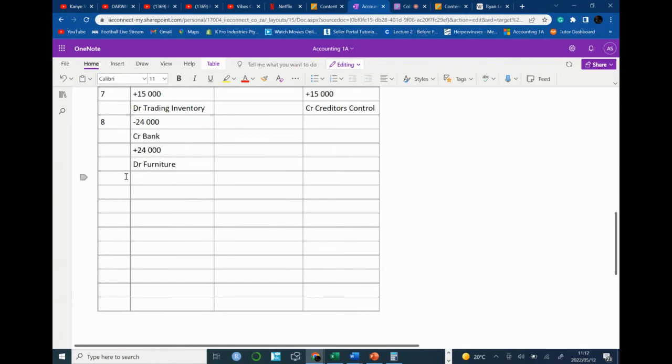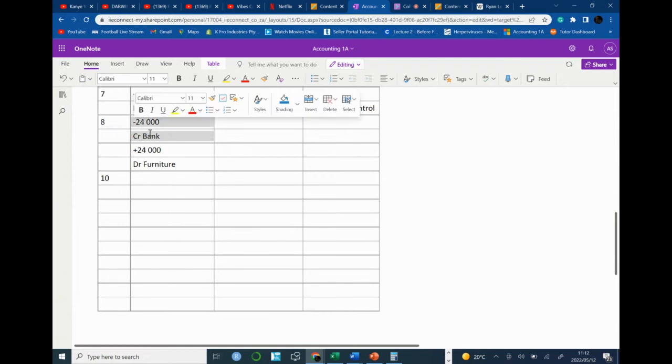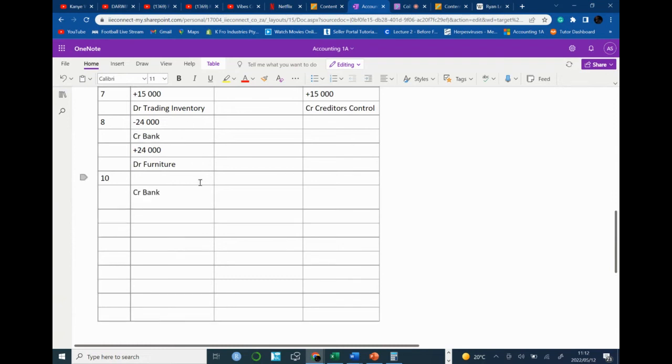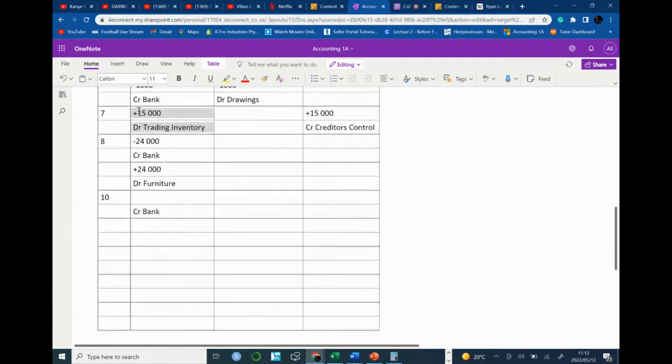Okay, let's see how far we get with these. The next transaction happened on the 10th. Here we purchased merchandise for 21,000, paid via EFT. Not a problem. It means we're going to credit the bank, and then we're going to debit trading inventory.